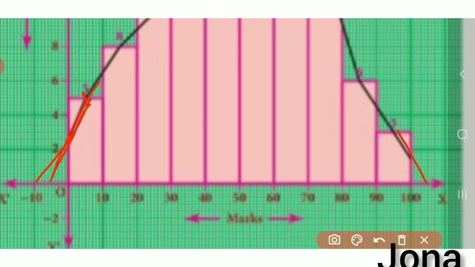It must start from the x-axis and it must end on the x-axis. That is very important. So you have to join both the sides along with the x-axis like this. So this is the frequency polygon: the straight lines we join along the midpoints of each bar of the histogram, that is the bar graph.